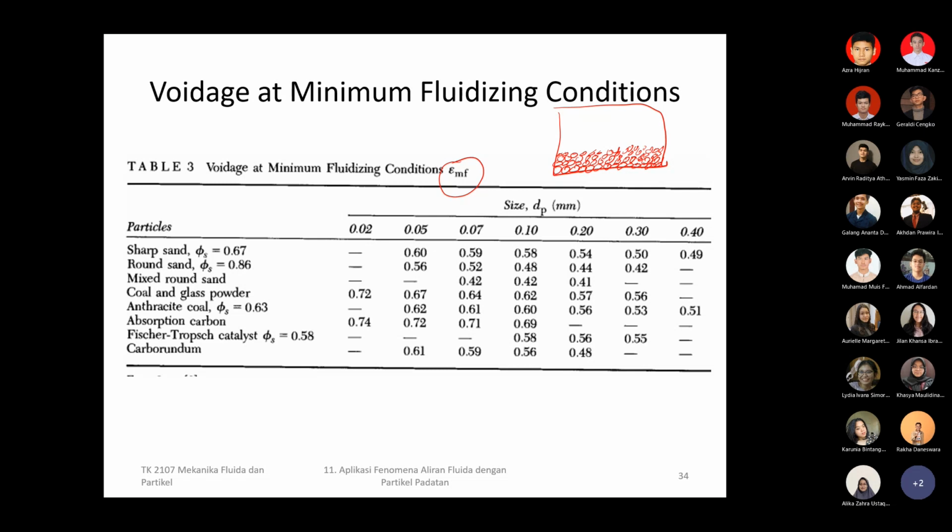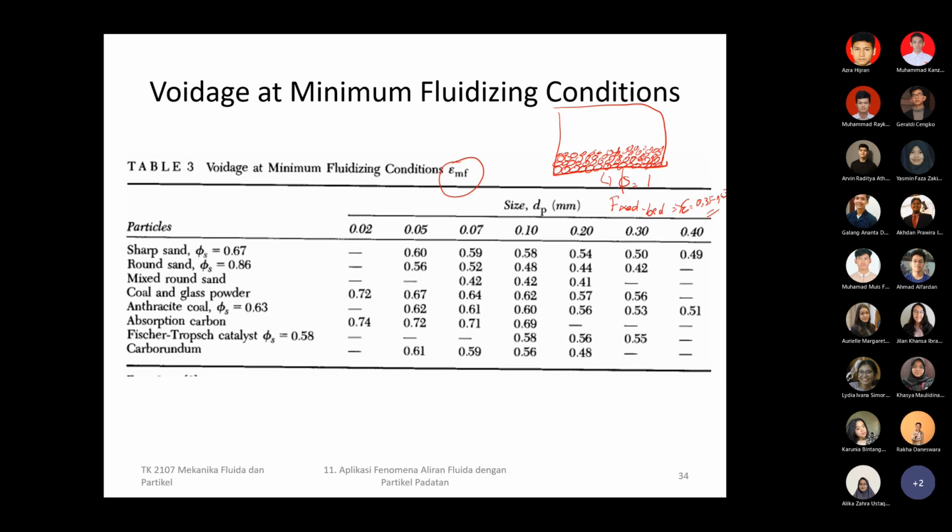If I'm talking about a complete sphere, that means sphericity is equal to 1. Usually at fixed bed condition, my epsilon will be in the order of 0.35 to 0.45. That's the void fraction at fixed bed condition for a complete sphere.